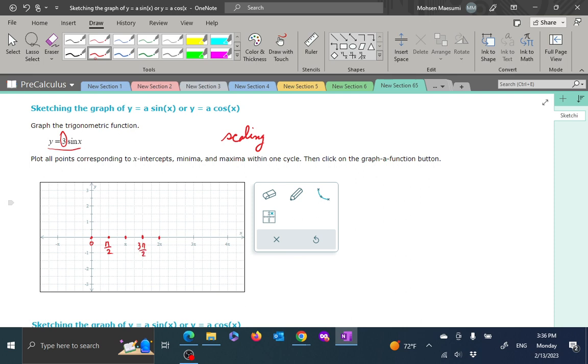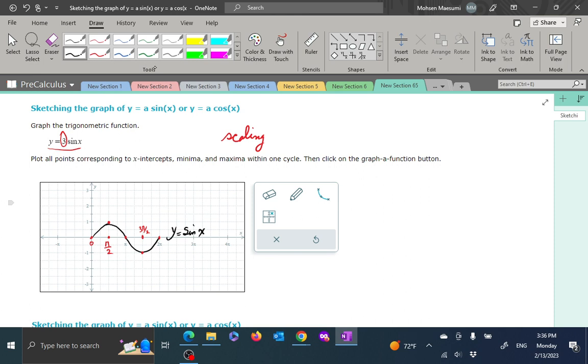We said for the sine, at pi over 2 we hit 1, here 0, at 3 pi over 2 we hit minus 1, and at 2 pi we are 0 again. So the graph of the sine looks like this. So this is y is equal to sine of x.